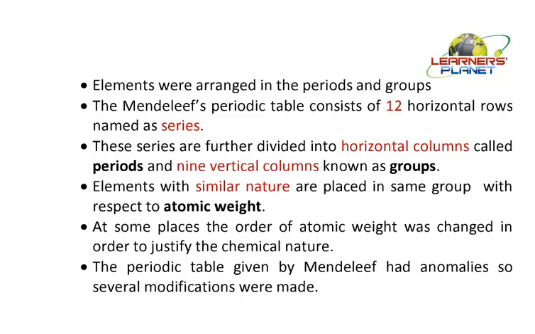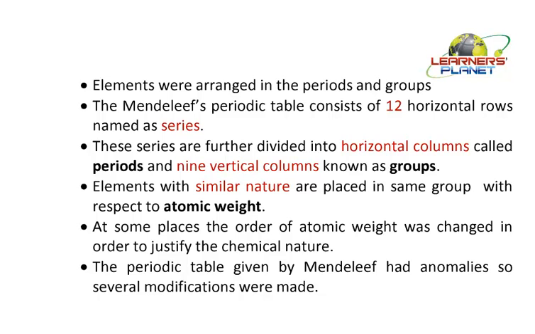As he changed the order of atomic weight in order to justify chemical nature, his periodic table was not well suited. There were lots of anomalies, like similar elements were placed in different groups, different elements were placed in the same group, and so on. So certain modifications were done.